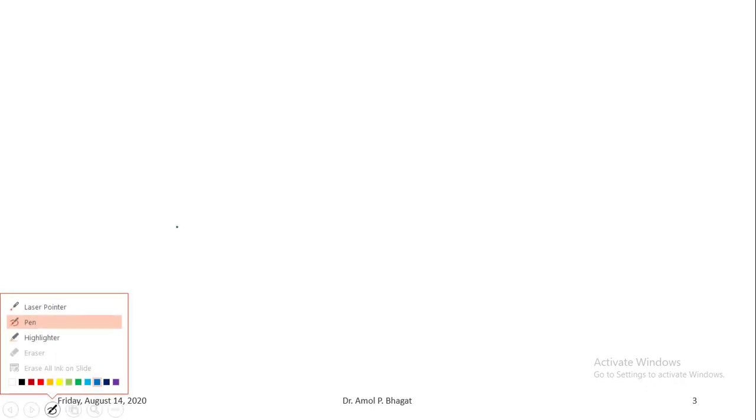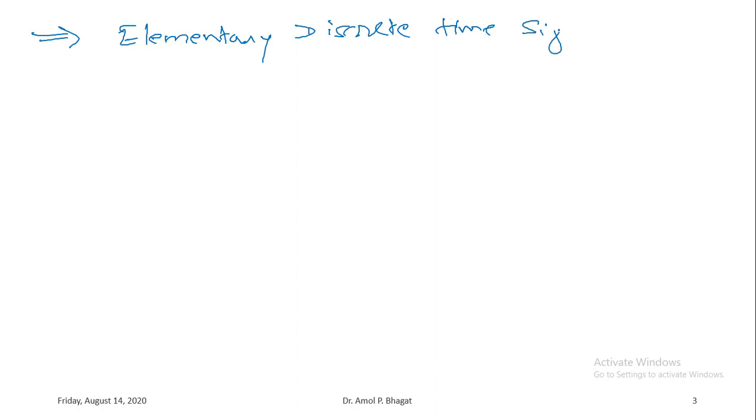So the first elementary discrete time signal, okay, so today we will be discussing these elementary discrete time signals, which are also called basic discrete time signals.